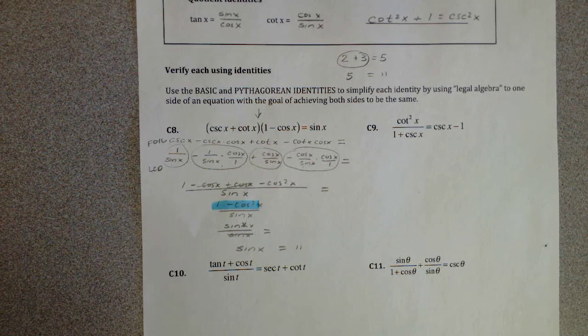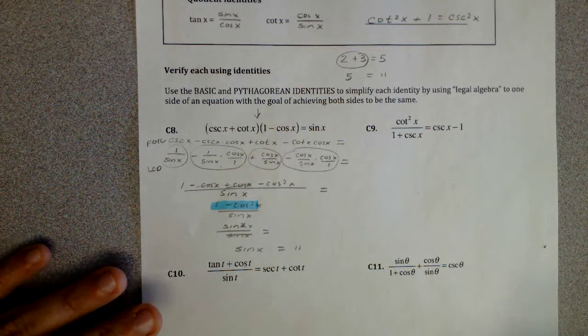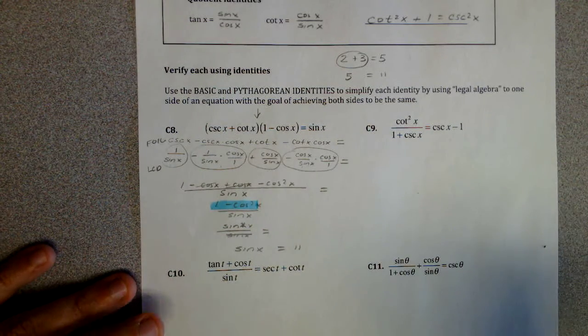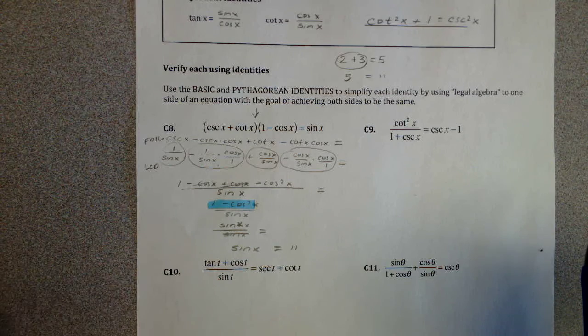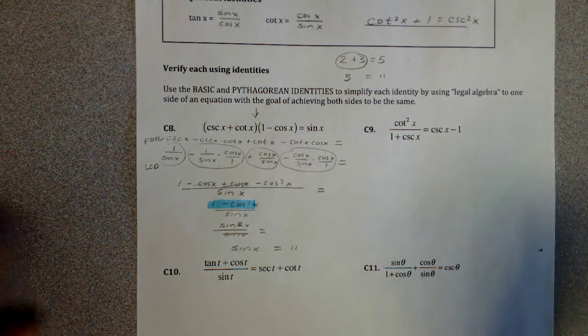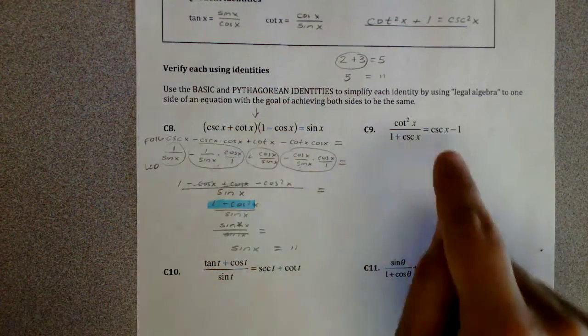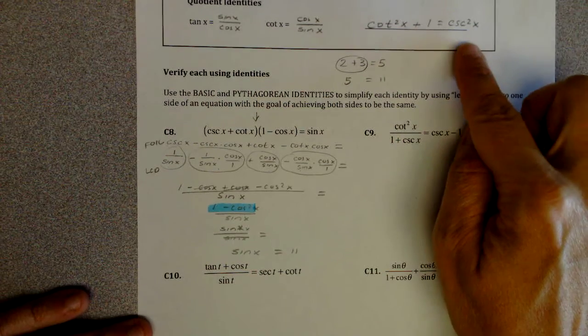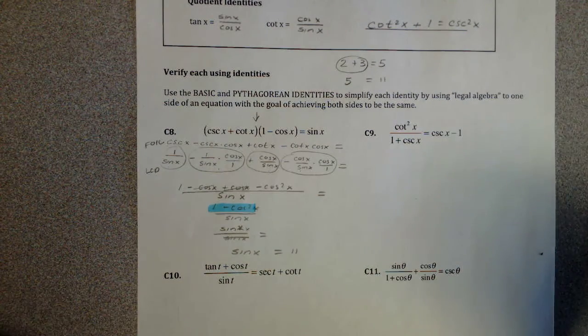Now, moving on to example 9. You might be inclined, because these are not in terms of sine and cosine, to go to sines and cosines. There's a very simple way to do this problem, and it's a strategy you want to keep in your back pocket. The idea here is that cotangent and cosecant are related. They're related up here by the Pythagorean identity.